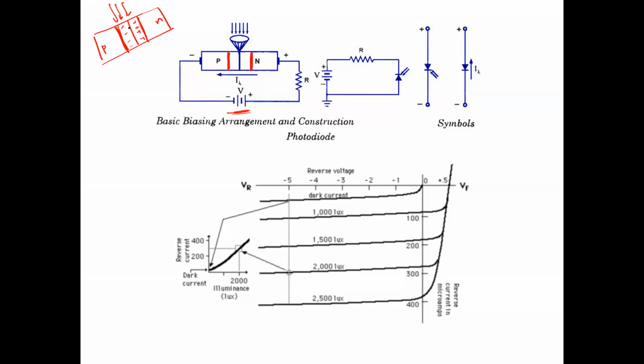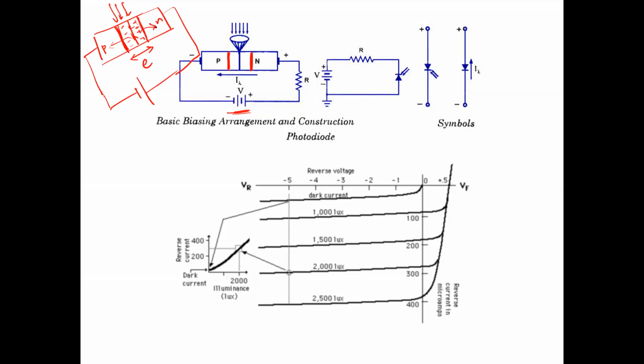The electrons will be attracted by these positive charges over here, and if we say the barrier potential over here is E, then in presence of the electric field in the depletion region, the electrons will be traveling through the depletion region towards the n side, and holes will be traveling from the depletion region towards the p side.